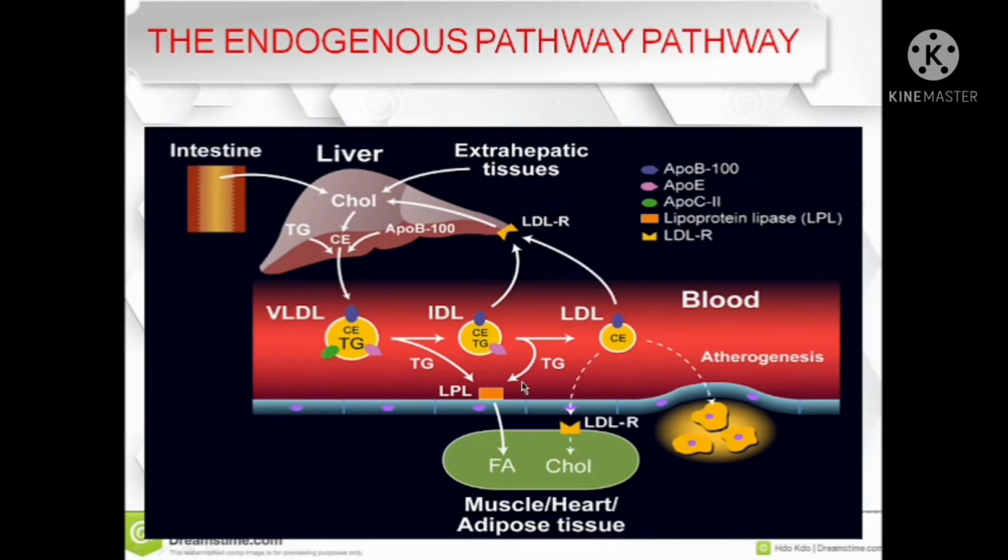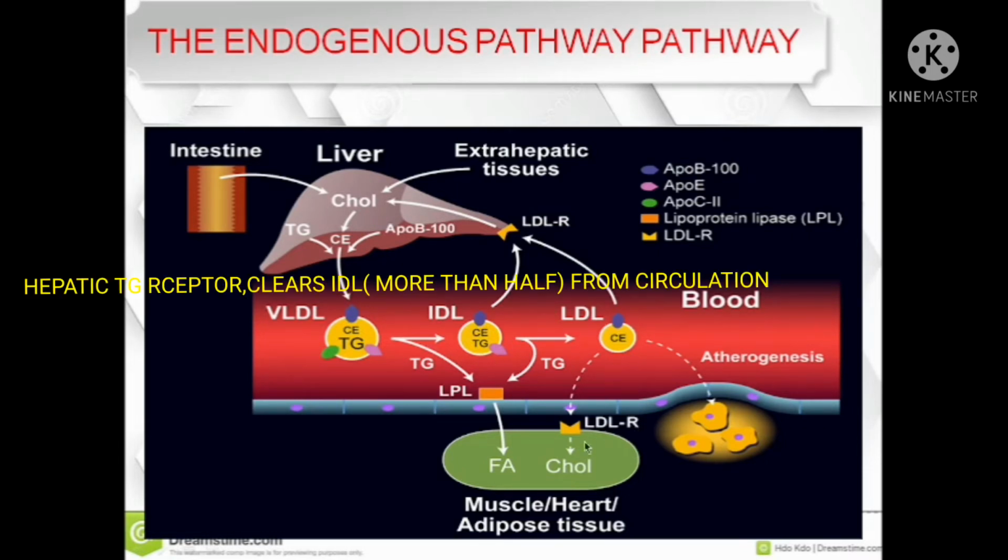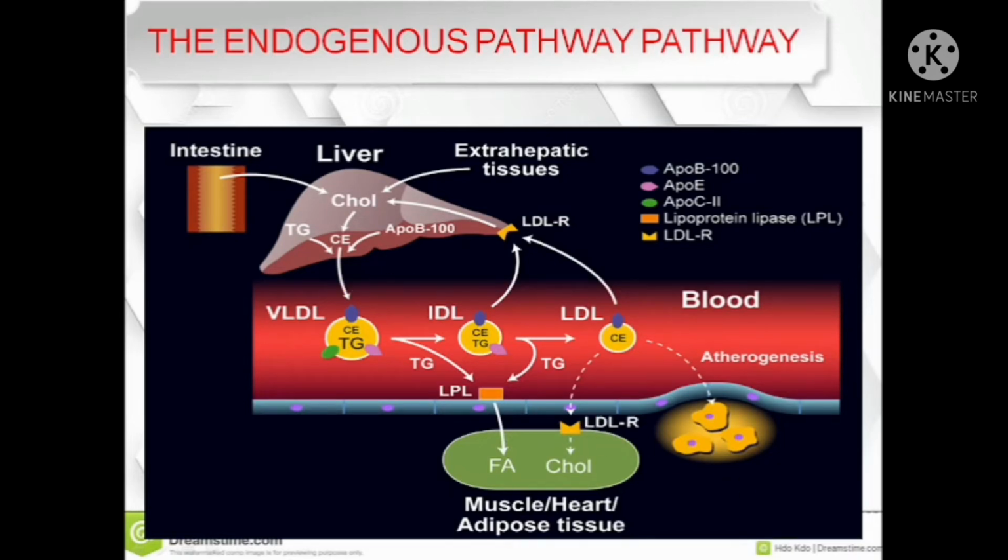More than half of the IDL is taken up by the hepatic triglyceride receptor. It's very, very important. That receptor recognizes ApoB100.